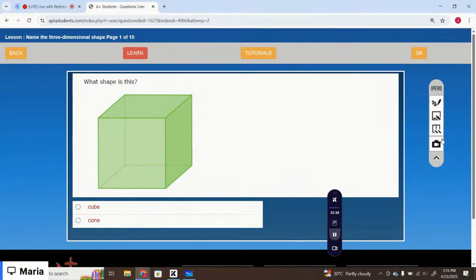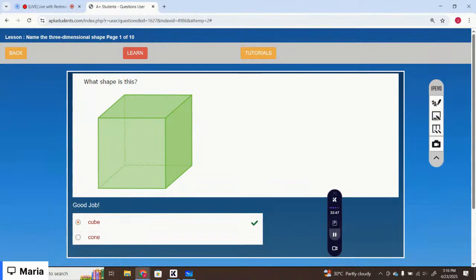A cube it is. Option number one is the correct option. That is a cube. The cube has six faces, right? Option one is the correct option.